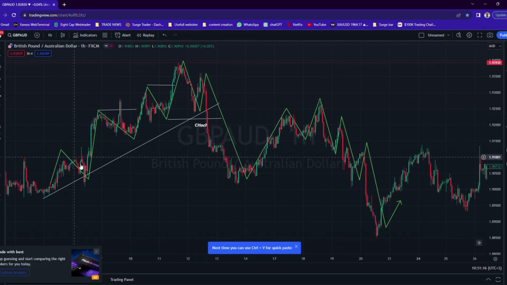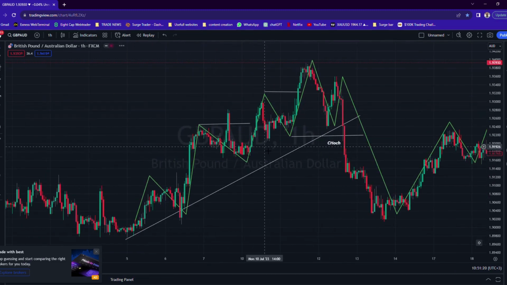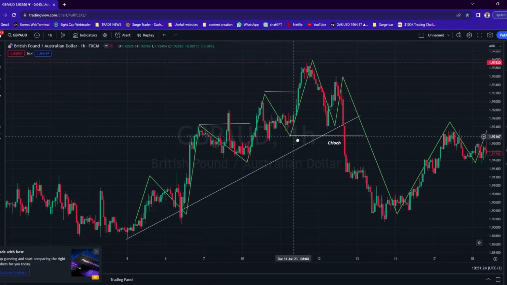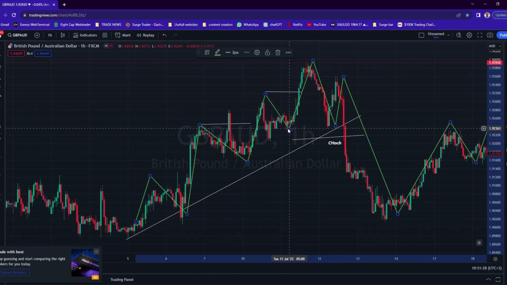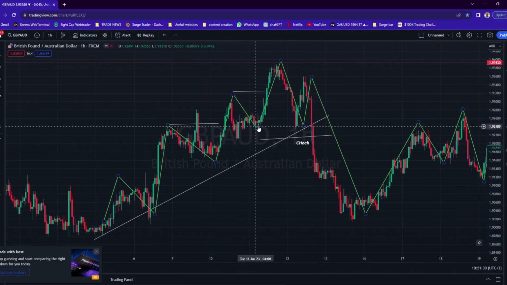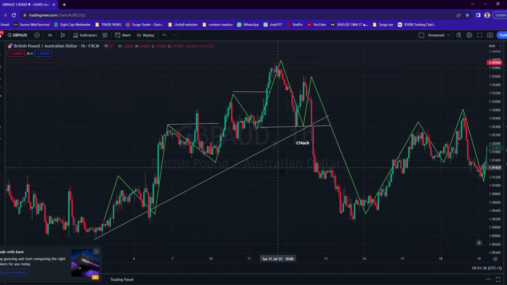We had an upward trend, and then what happened? Price broke the previous support right here. That is the support.